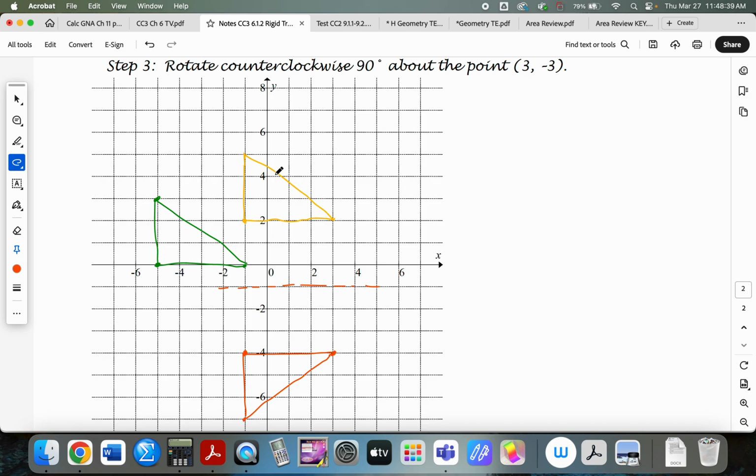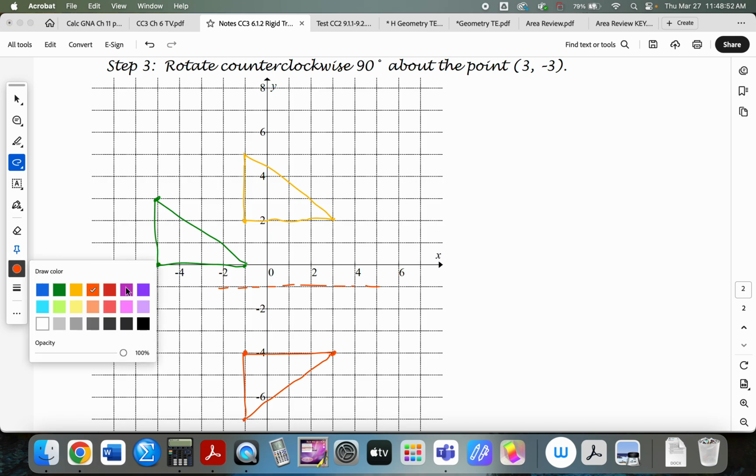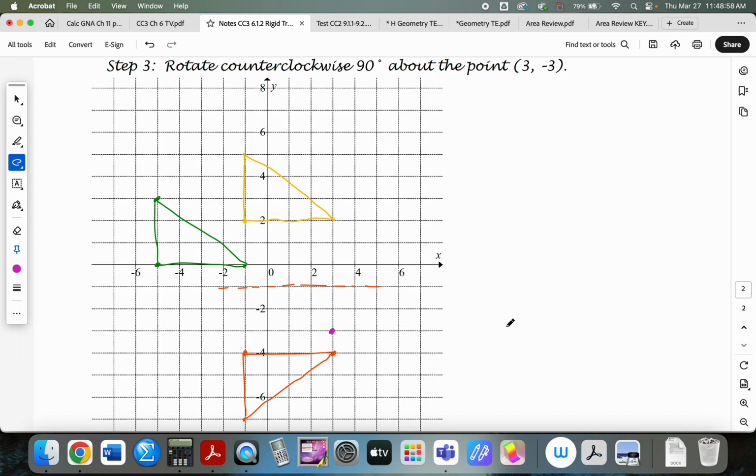And then finally, rotate counterclockwise 90 degrees about the point 3, -3. Let's see, 3, -3. 1, 2, 3, 1, 2, 3. Now notice this time they're actually asking you to rotate around a point that isn't one of your points.